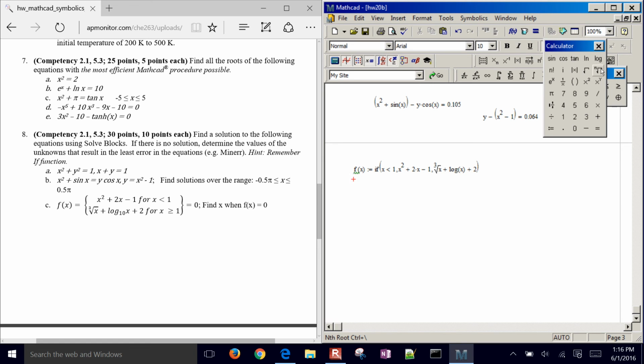All right, so we have f of x there. So if I did f of, let's say 0, that's going to be equal to -1. It's going to use that first expression there. But as soon as I go to like 2, then it's going to use that second expression.